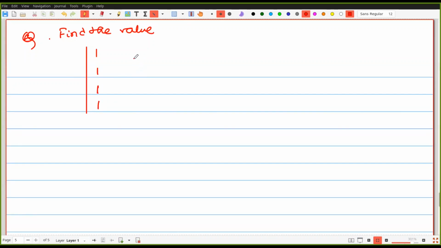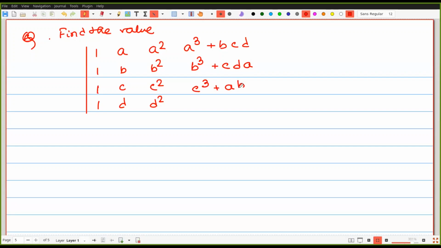That means fourth order. a, b, c, d. a square, b square, c square, d square. And a cube plus bcd, b cube plus cda, c cube plus abd, d cube plus abc. We have to find out the value of that determinant, that is fourth order.